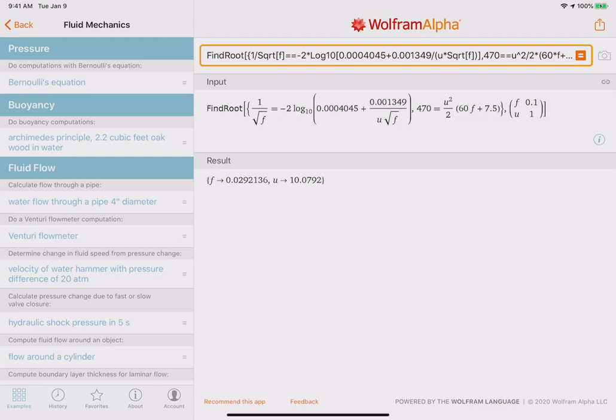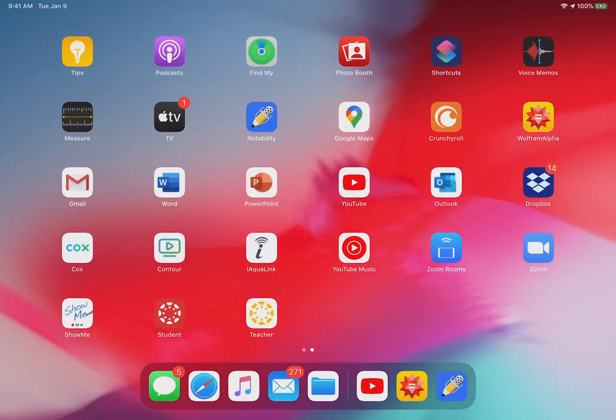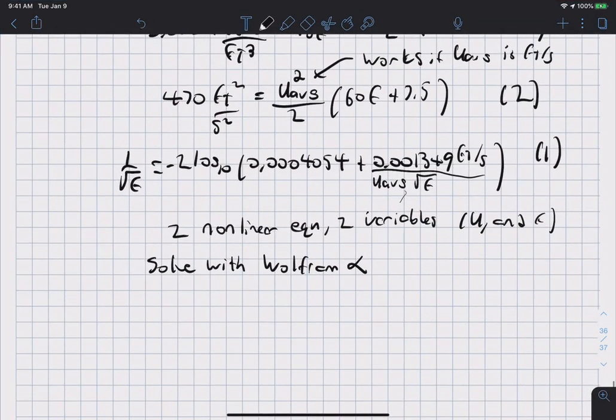Okay? And so we know that f is 0.0292, and u is equal to 10.08 feet per second. Okay? And then from there we get that f equals 0.0292, and u average, I should say, equals 10.08 feet per second.